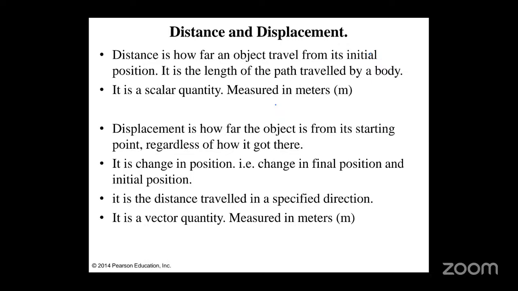Distance is categorized as a scalar quantity, and the unit of distance is meters. Smaller units will be centimeter, millimeter, decimeter, micrometer, nanometer, picometer. But for the standard unit of measurement, distance is measured in meters.